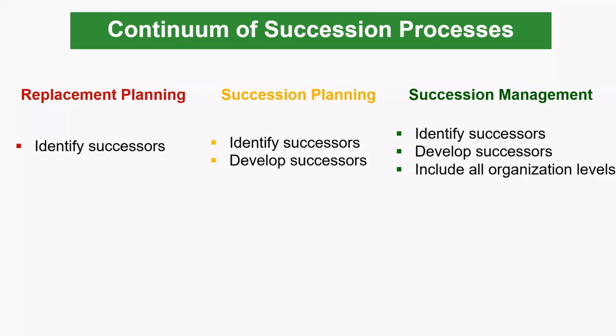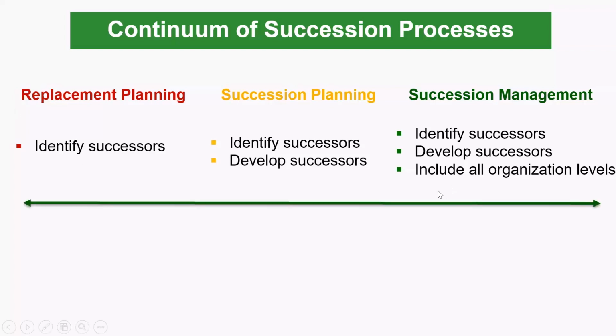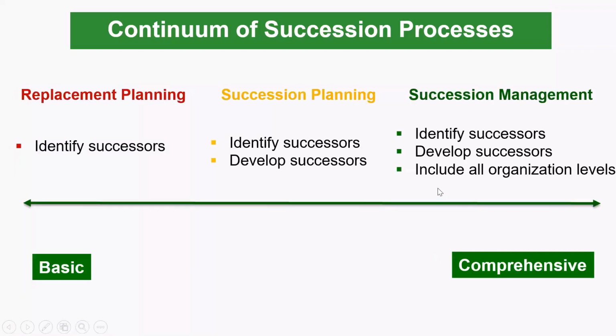Usually when CEOs leave, do you have someone who can replace them? But now succession management covers more, and you can implement it across the organization, in different functions, beyond just the management level.